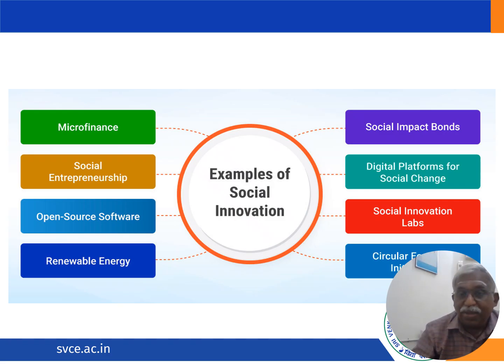Then we have many more examples related to this. Now I want to give one suitable example, microfinance. What is meant by microfinance? How is it using the design thinking process in rural areas?